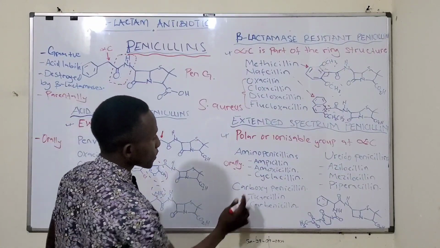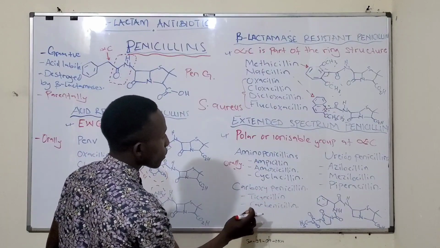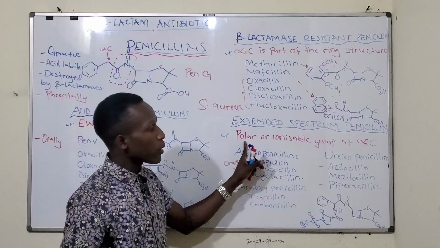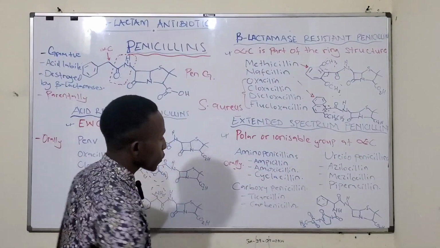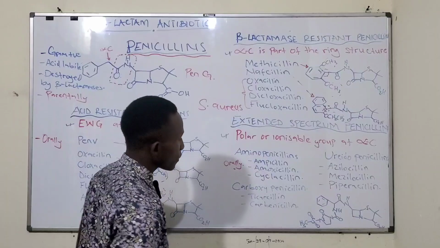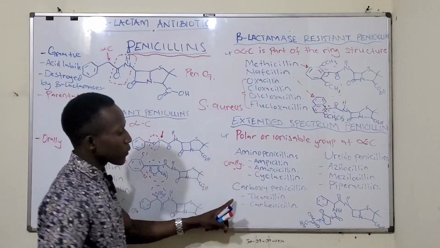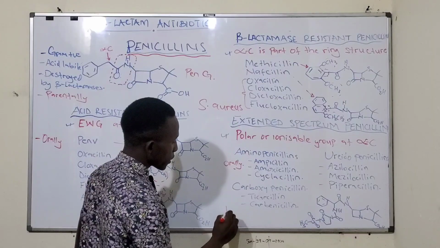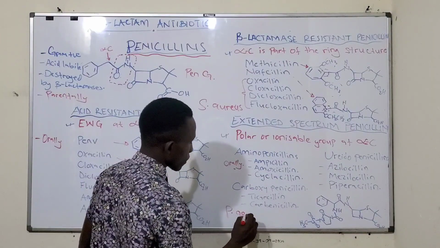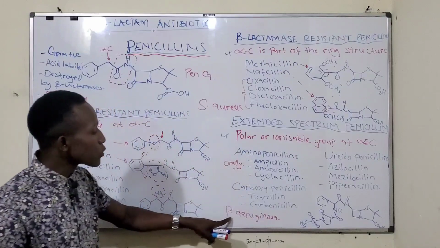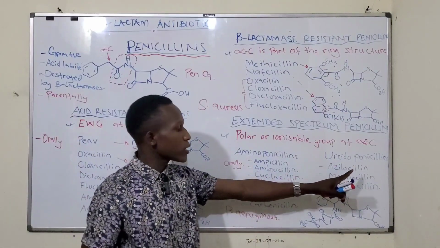So meaning that this carboxyl group is a polar group and it can be ionized. So these ones can also penetrate the membrane of the gram-negative bacteria. For carboxypenicillin, they can target bacteria like Pseudomonas aeruginosa, but they are not as good as ureidopenicillins.